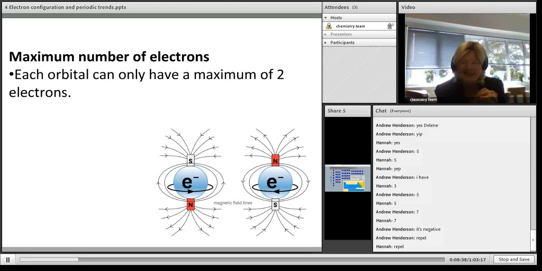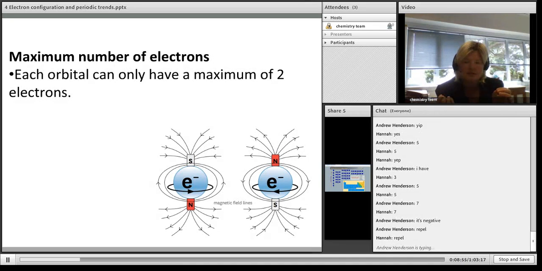However, now we can use a planetary model. If you think of the Earth going around the Sun, what is the Earth also doing as it's going around the Sun? So the Earth has got another type of movement as it's going around the Sun.